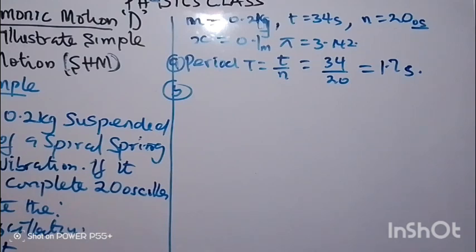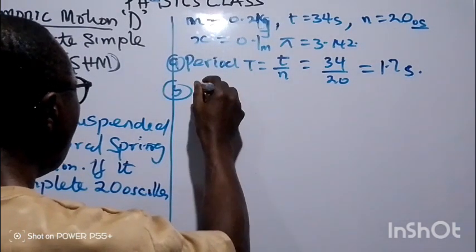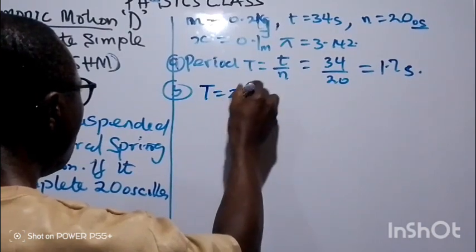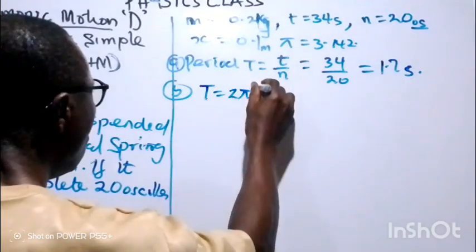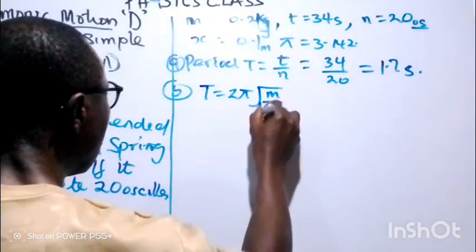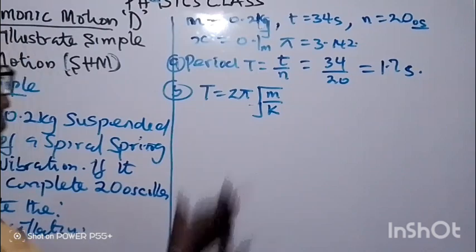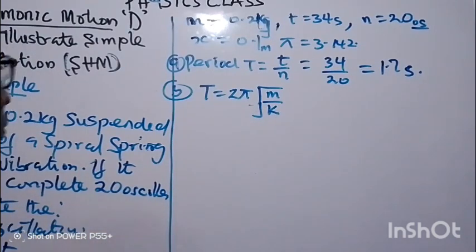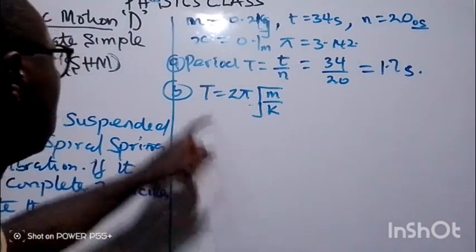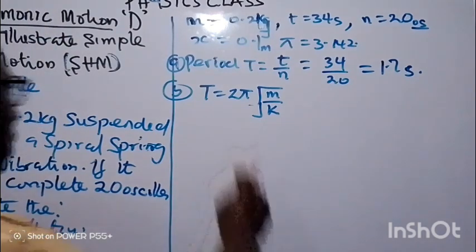So the better formula to calculate, since we know the period, is T is equal to 2 pi into square root of M over K. That's the correct formula. Mass is known, we've calculated capital T. So let's make K the subject of the formula.